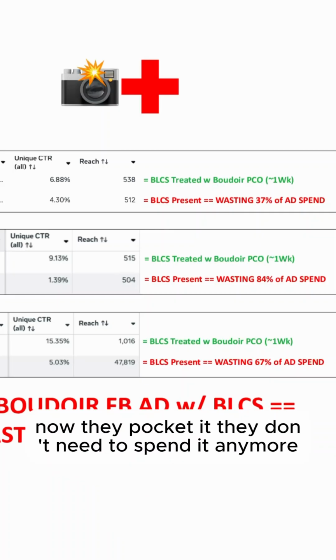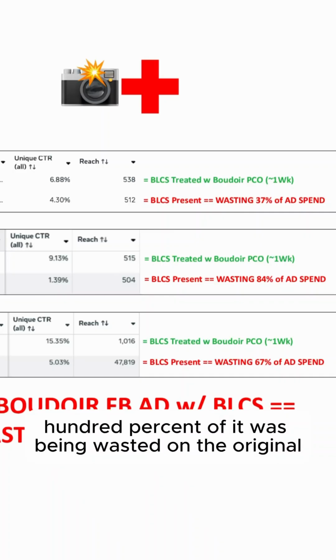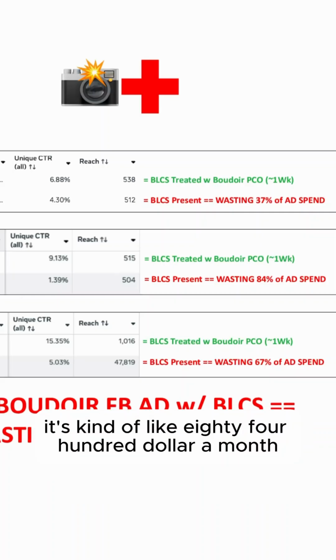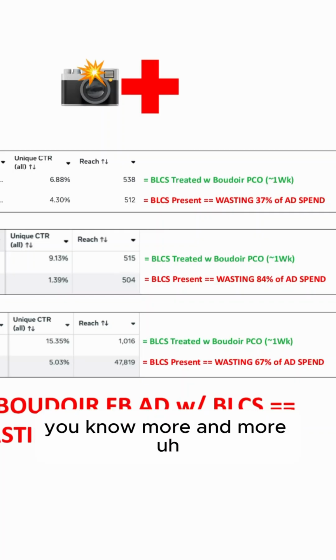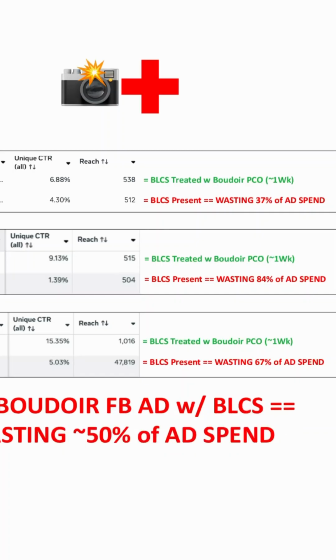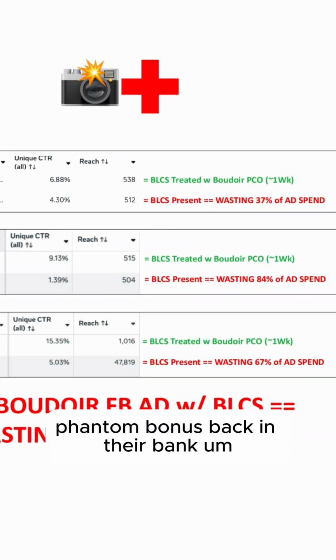They don't need to spend it anymore. 100% of it was being wasted on the original. So it's kind of like an $8,400 a month phantom bonus that they're acquiring. And as a result, at the end of 12 months, that's something like a 100K phantom bonus back in their bank.